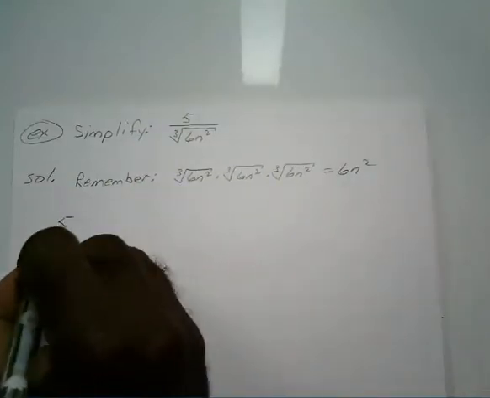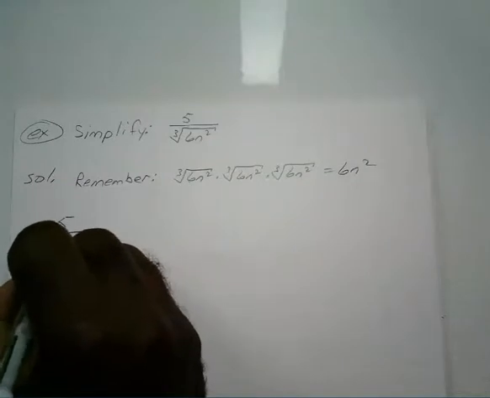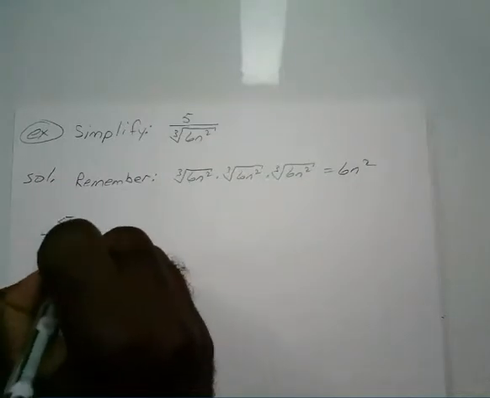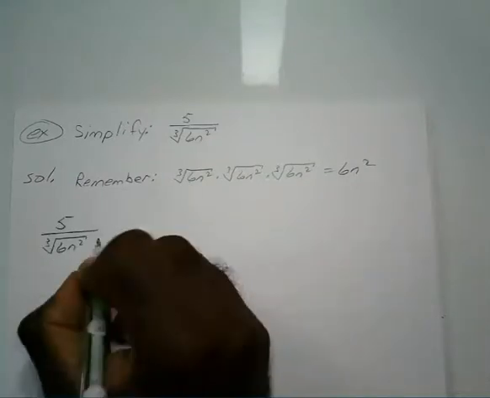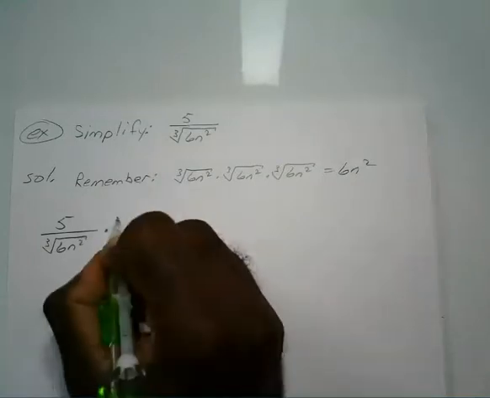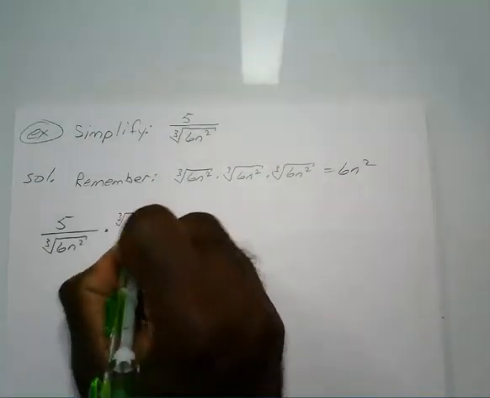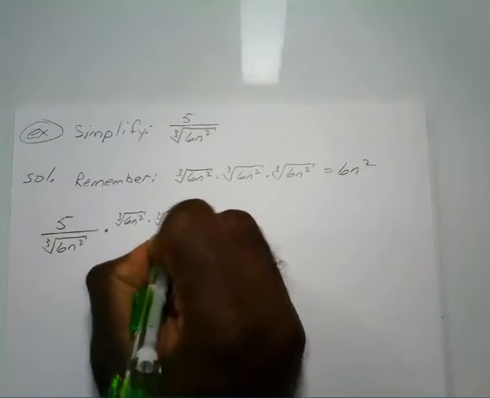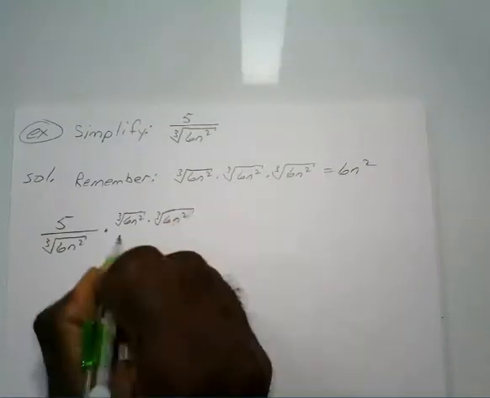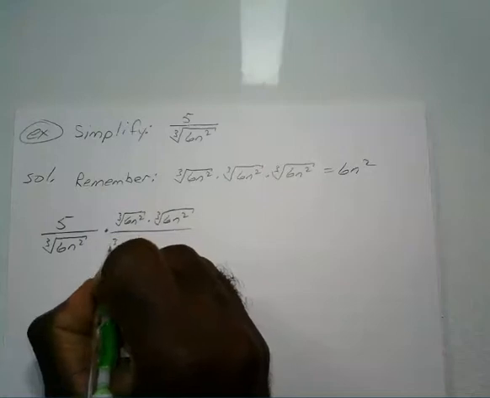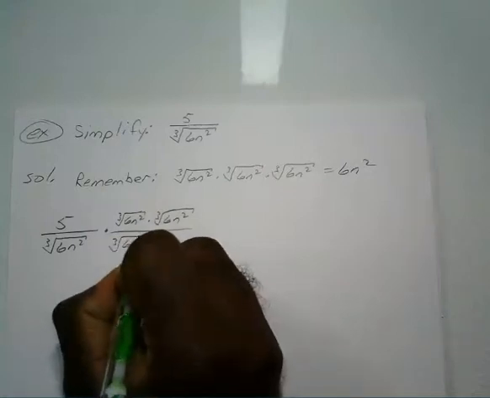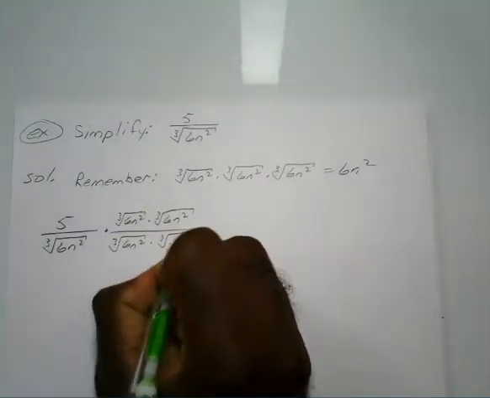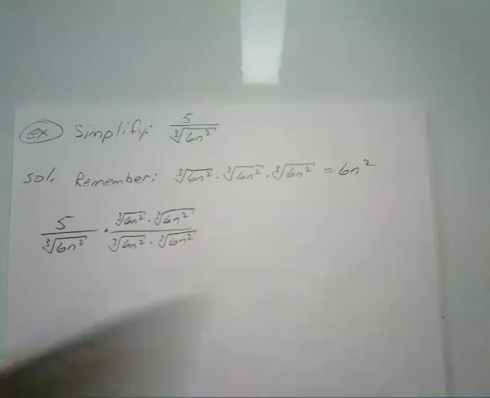So that means, starting from where we are now, if we have 5 over the cube root of 6n squared, we're just going to have to multiply that by the cube root of 6n squared times the cube root of 6n squared over the cube root of 6n squared times the cube root of 6n squared.